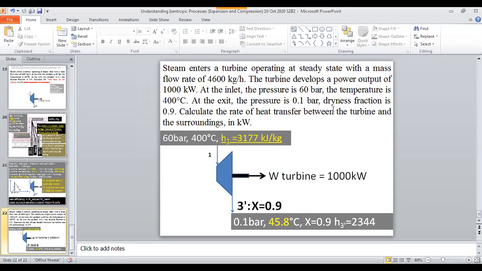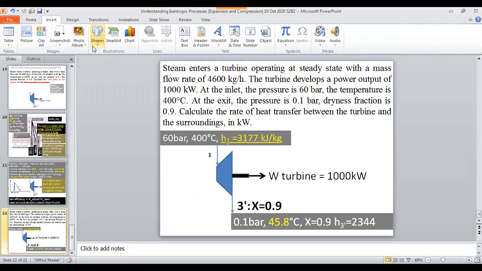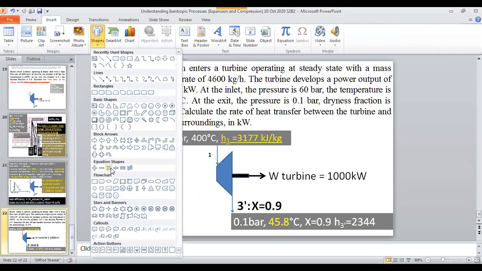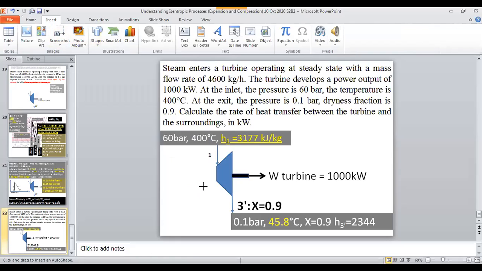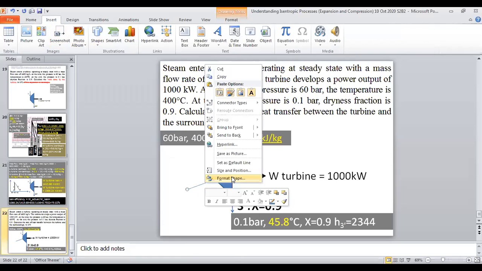So calculate the heat transfer between the turbine and the surroundings. In the very first case, isentropic means no heat transfer between the turbine and surrounding. But now there is a heat transfer between turbine and surrounding.